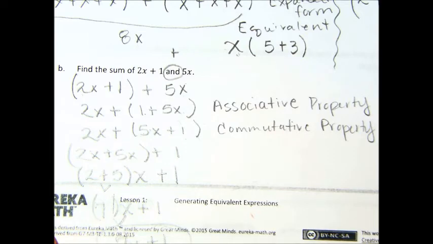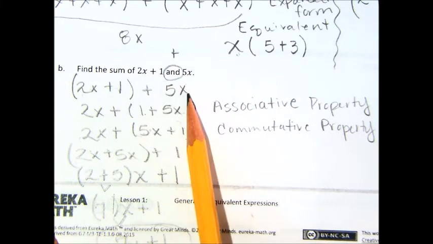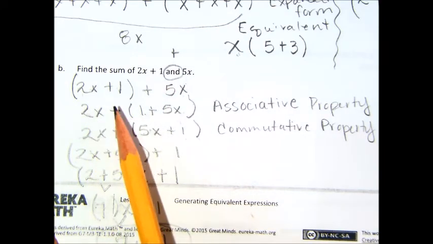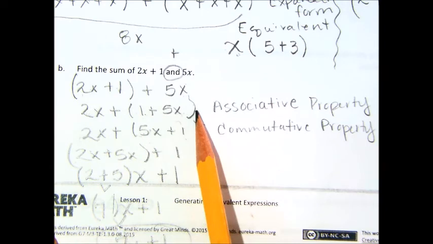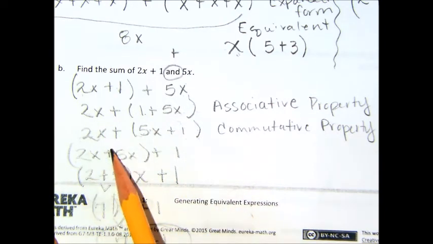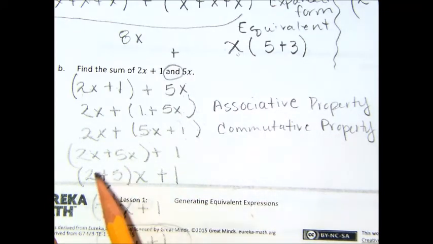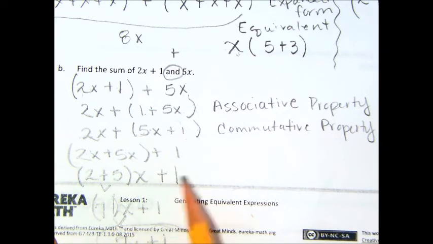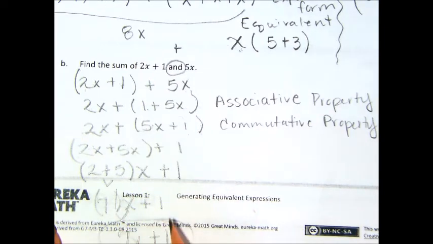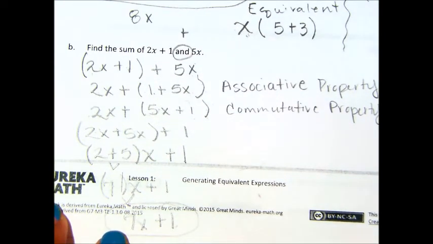The properties did not change the value of the expression because each equivalent expression included the exact same terms as the original expression, just in a different order or in a different grouping. 2x plus 1 plus 5x is the exact same thing as 2x plus (1 plus 5x), which is the exact same thing as 2x plus (5x plus 1), which is the exact same thing as (2x plus 5x) plus 1, which is the exact same thing as (2 plus 5) times x plus 1. All of these expressions are equivalent to 7x plus 1, which was our final simplified expression.